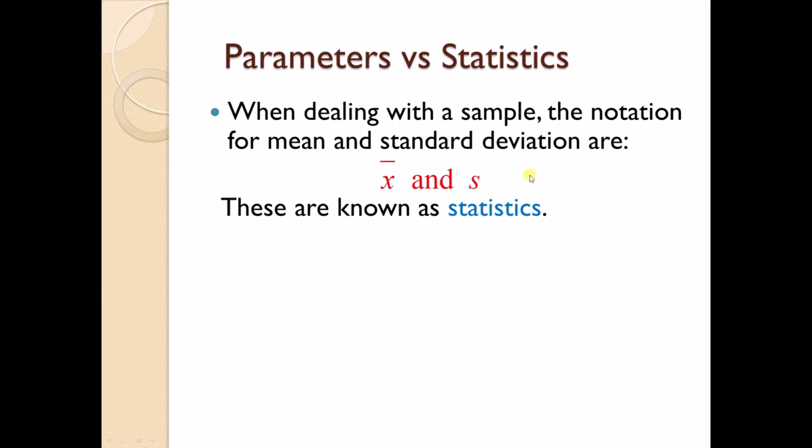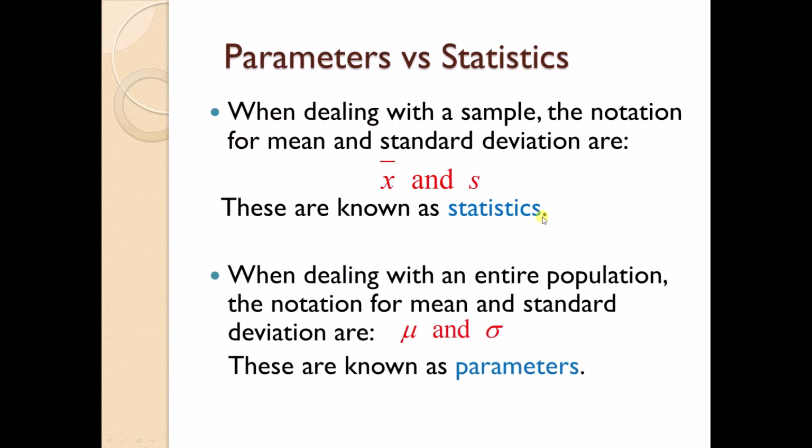Those are known as statistics. If we're dealing with an entire population, as I just mentioned, the notation for the mean and standard deviation changes to Greek letters. So we typically use Greek letters for parameters, and we use regular, Latin letters for statistics.